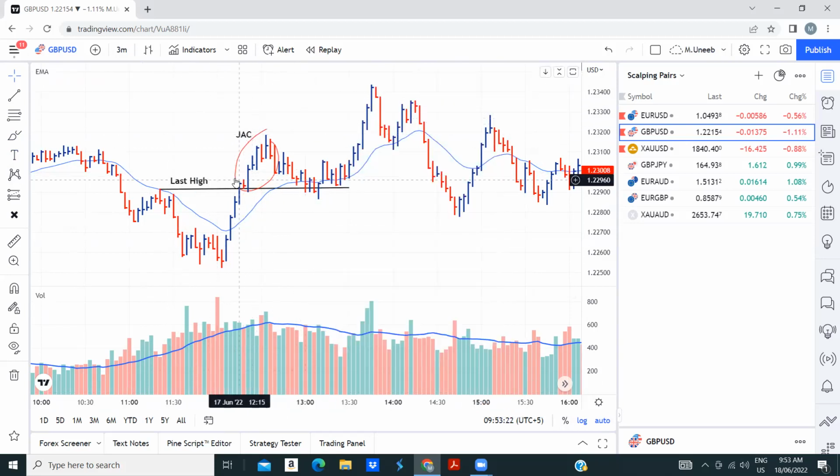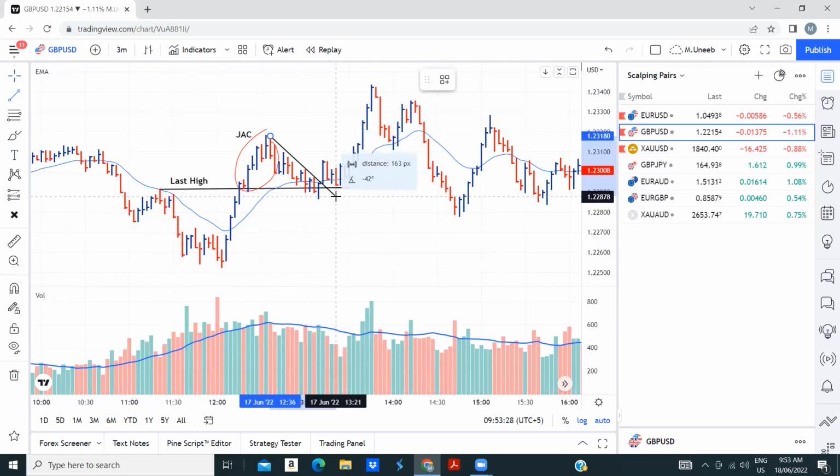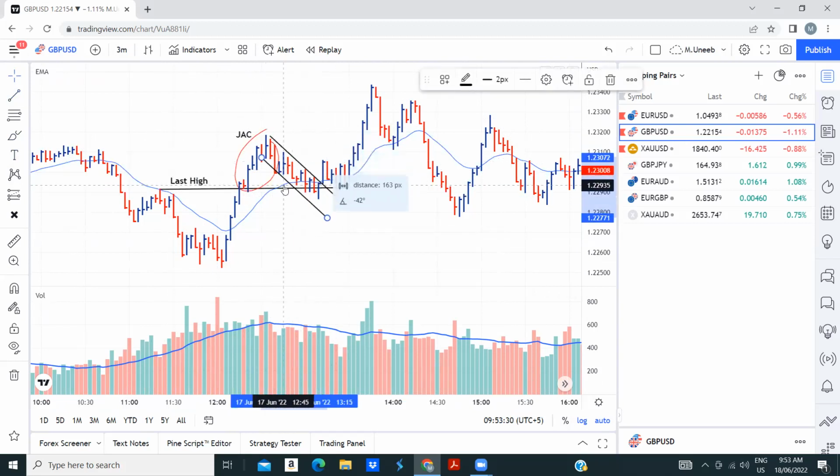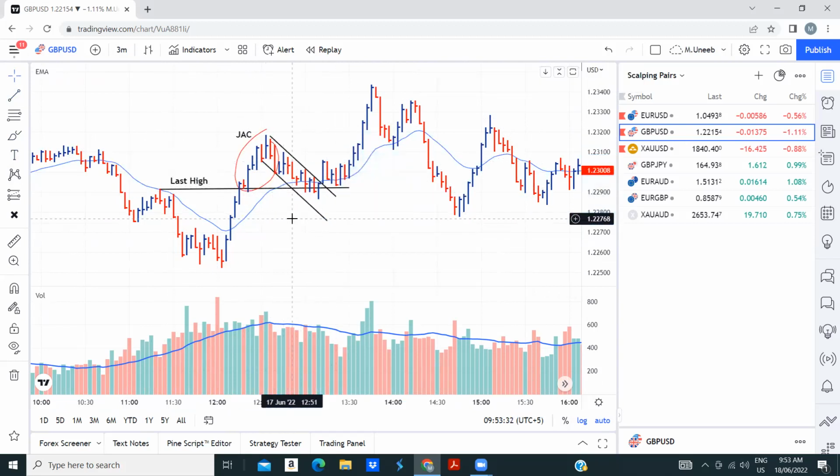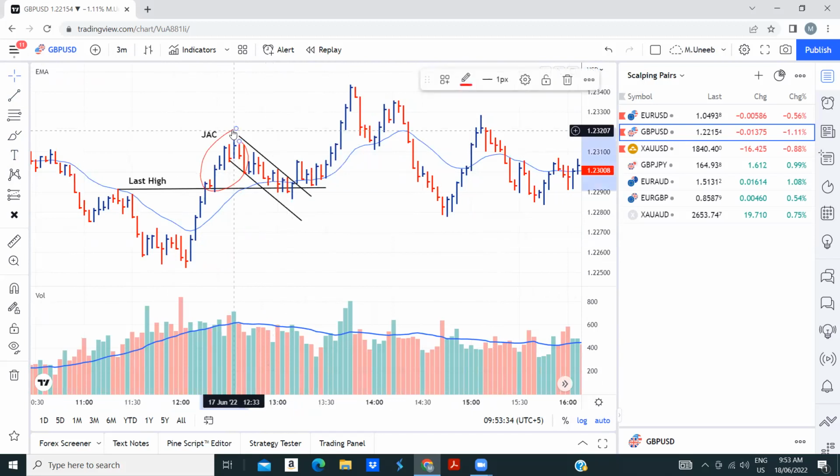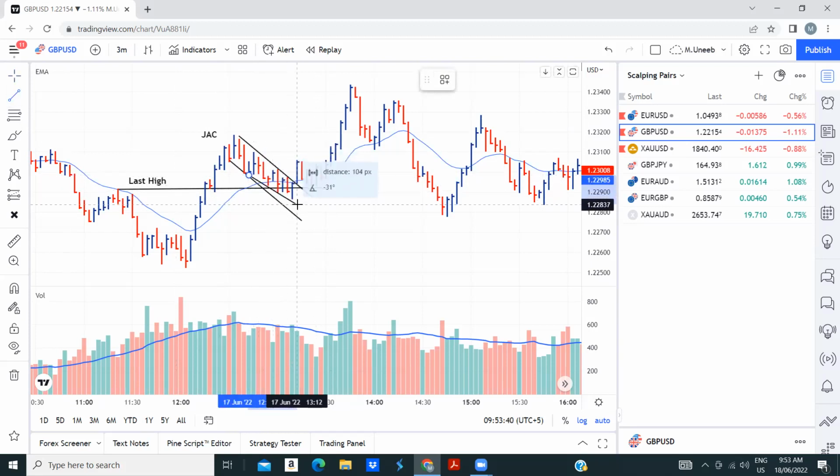So if this is JAC, then this process is what? Reaccumulation. Redistribution. Sorry, reaccumulation. Got it? And this is shortening of the thrust observed here. This is a redistribution process.